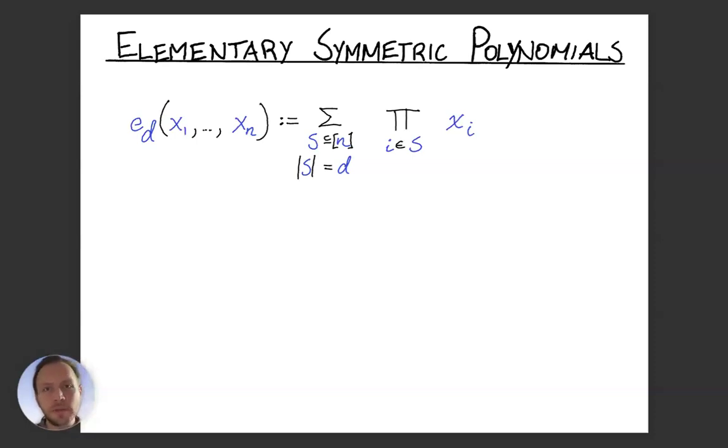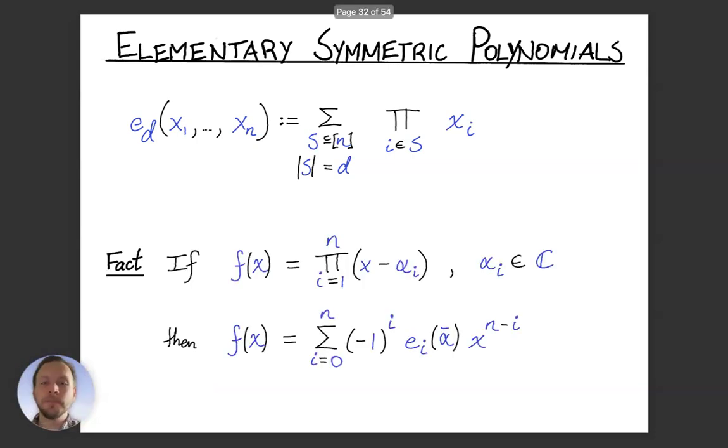Why are the elementary symmetric polynomials relevant to our situation? Well, it turns out they correspond to the coefficients of univariate polynomials in the following sense. Say I have a univariate polynomial f over the complex numbers. I can always factor f into linear factors. So I can write f as the product of (x minus alpha i), i goes from 1 to n, where the alpha i's are some complex numbers.